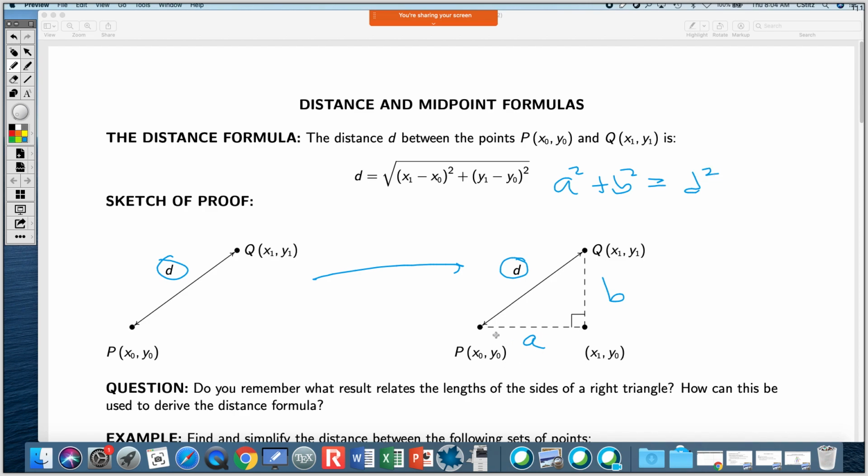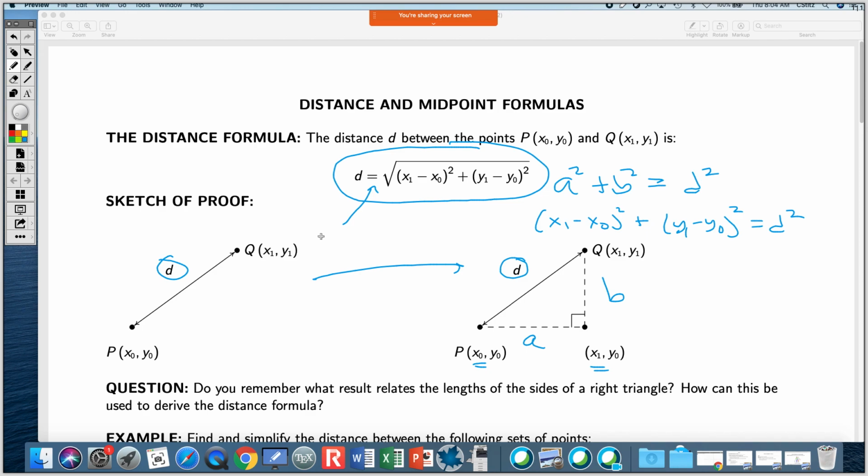Now to figure out what A is, notice I'm just moving here in the x direction. It's only the x values that are changing. So I can get the length of that segment by taking x1 minus x naught. Similarly, for B, I'm only moving in the y direction, so I can figure out how much I've changed in y by taking y1 minus y naught. And that's my formula for distance. I can turn it around and solve for distance by extracting the square root, and that gives us the distance formula.